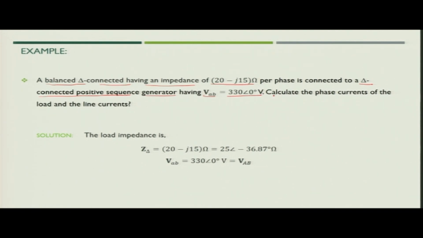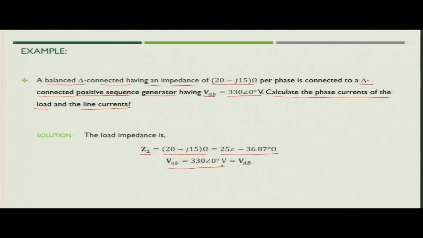What we have to find out is the phase current of the load and the line currents of the circuit. We have got the load impedance from the question, that is 20 minus j 15 ohm. So, we can simply convert it into phasor. That will become 25 angle minus 36.87 degree.